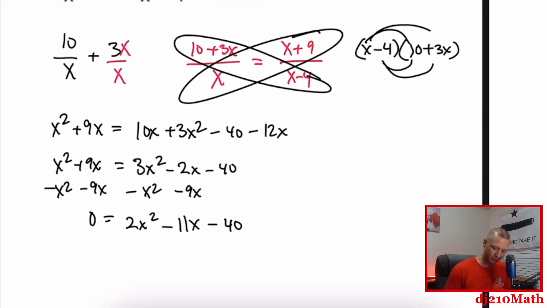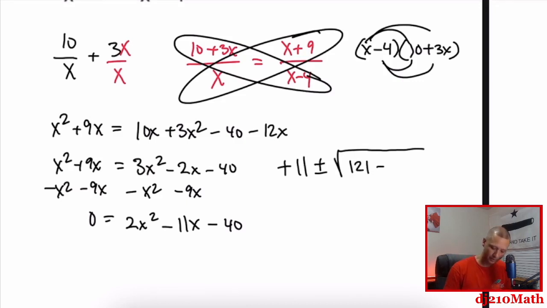All right. Can't do it mentally. Quadratic formula would be the thing here. So negative 11. It's already negative, so positive. Plus or minus 11 squared, 121.